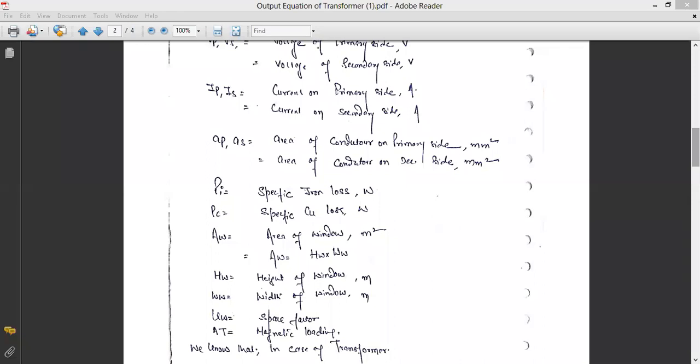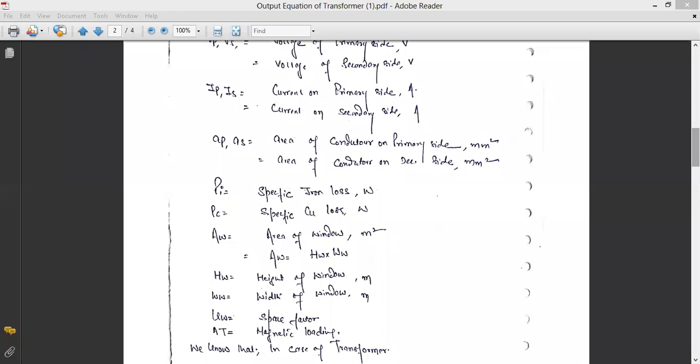See, in case of a core type transformer or a shell type transformer, let us take a core type transformer. You have a primary winding and a secondary winding. Clear? Primary winding means on the primary side you wind a wire in the form of a coil, and again on the secondary side you wind the wire in the form of a secondary coil.